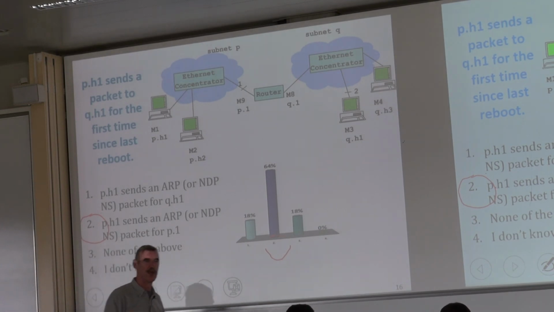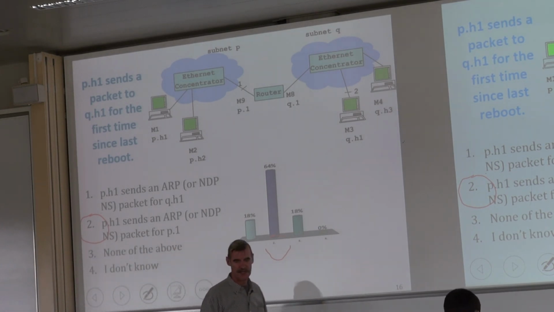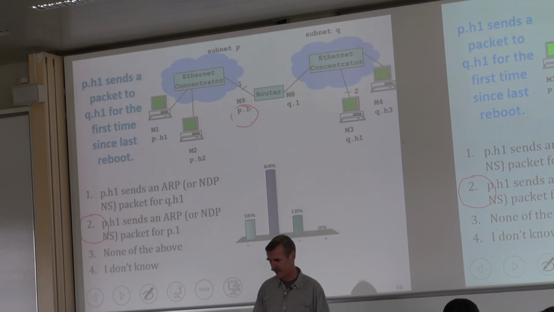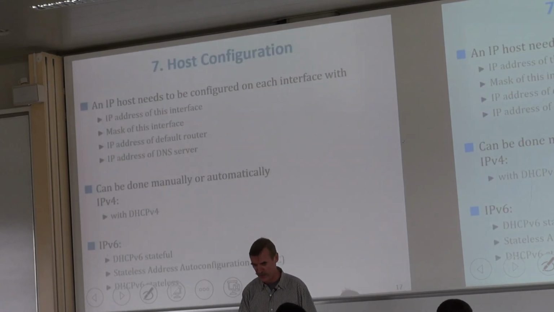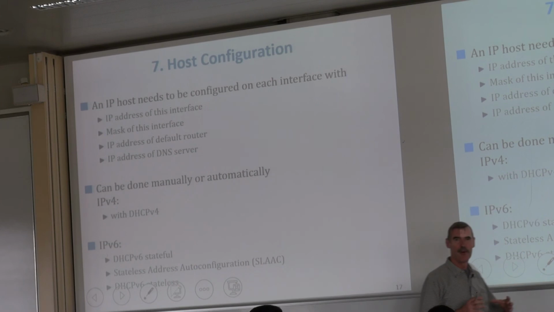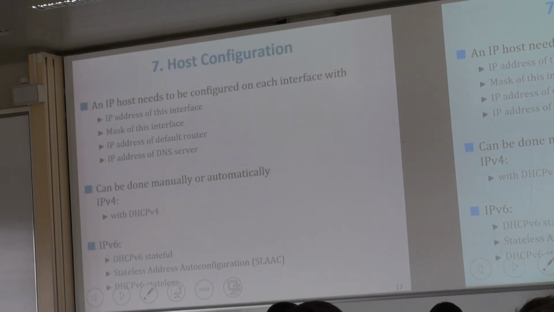In order to send to the router, it needs to find the MAC address of the IP address of the router, which is in the same LAN, which is P.1. So it's always the same question, but it is so important that you have to make sure you get it right. That is ARP. ARP is really one of the very special things of TCP/IP that creates a lot of trouble everywhere. This is why we saw it with some detail.